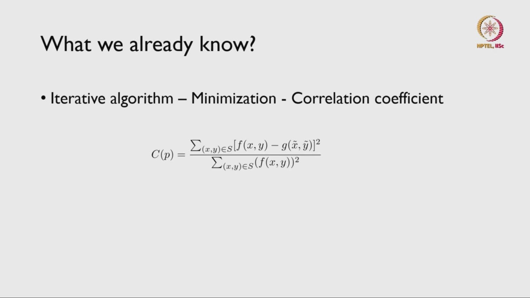In this open source software, the correlation coefficient definition is slightly different, but the basic formulation of the algorithm is the same. It develops an iterative technique for getting the deformation field, that is this p, iteratively while searching for minima of the correlation coefficient.